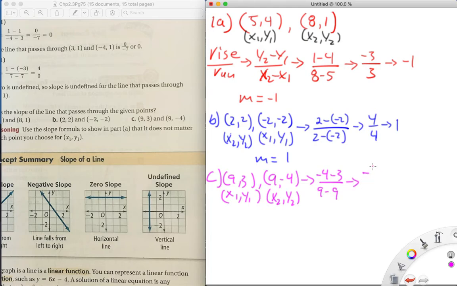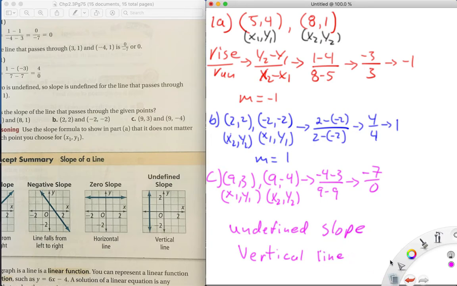This gives me negative 7 over 0. So we have an undefined slope. In this case, we have a vertical line, and we have a vertical line at x equals 9.